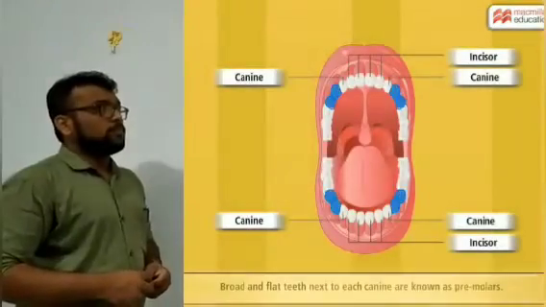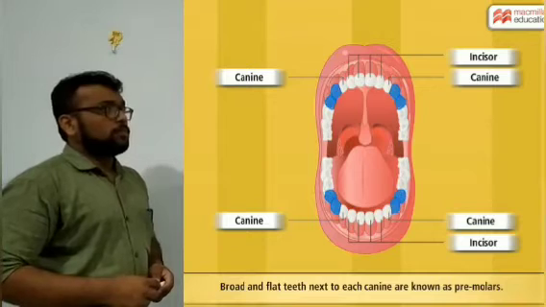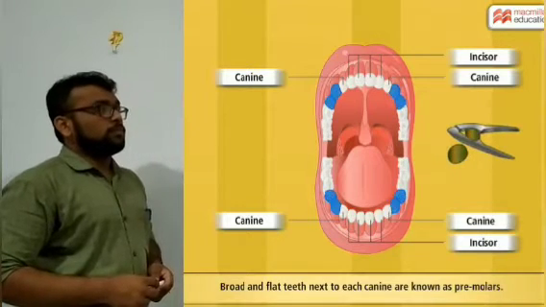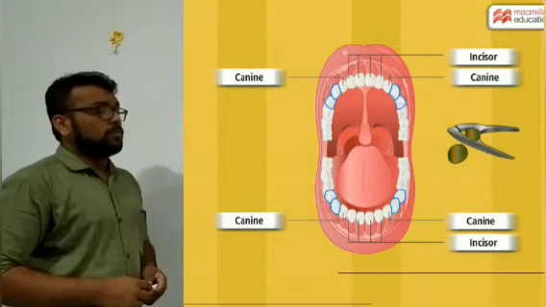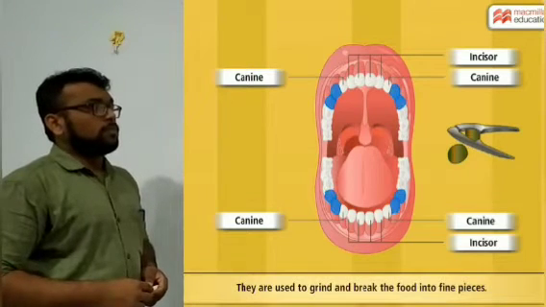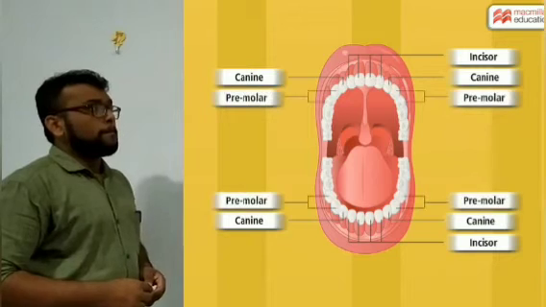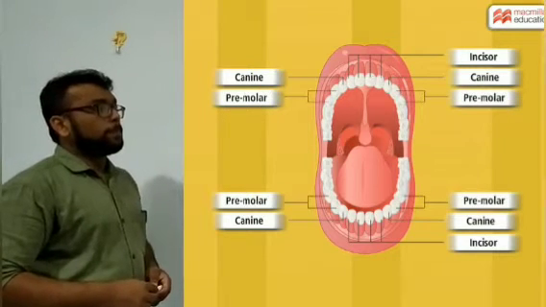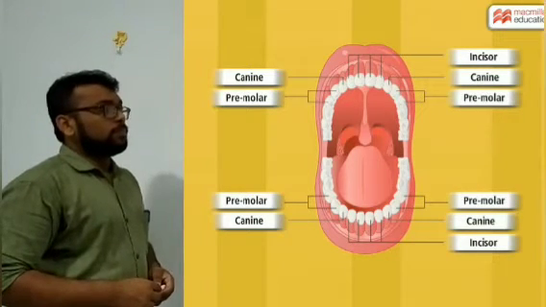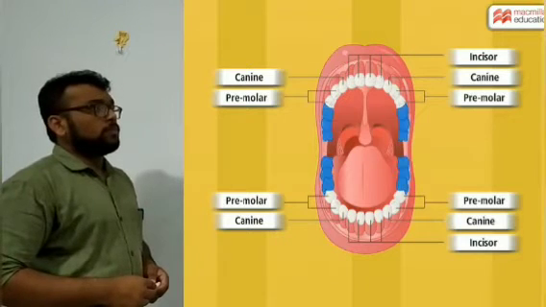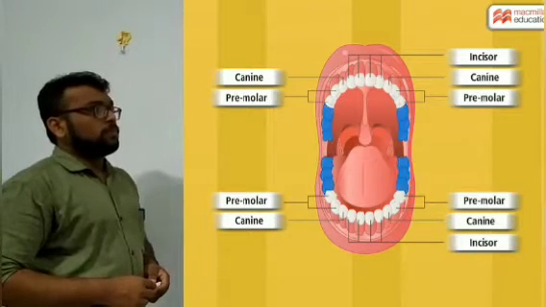Next to each canine, there are 2 broad and flat teeth. They act as nutcracker and are used to grind and break the food into fine pieces. They are called premolars. There are 4 premolars in each jaw. Look at the last 3 teeth on both sides of each jaw.